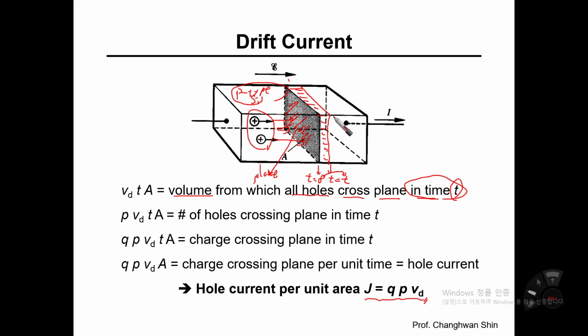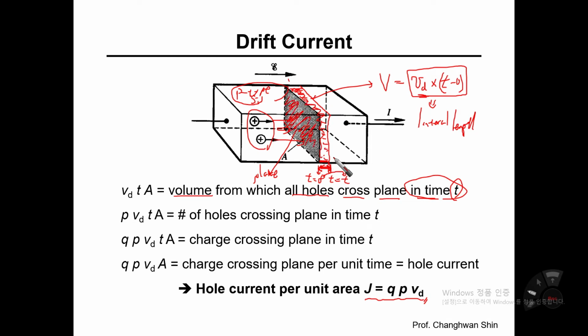Then we can estimate this volume. How to do that? Well, we need to know the lateral distance. What is this? The lateral length is the drift velocity times the time, t minus 0, right? So this indicates the lateral length. And then to estimate the volume, we need to know the area.